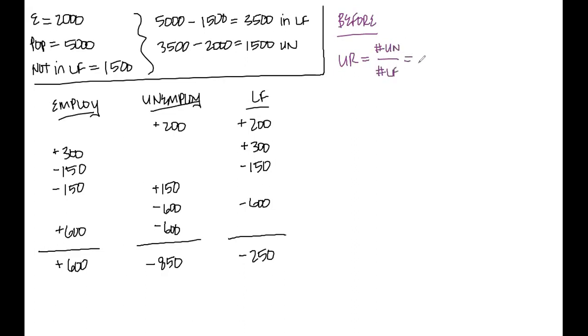So we can easily plug that in as 1,500 unemployed over 3,500 in the labor force. So this percentage comes out to be 42.9%.